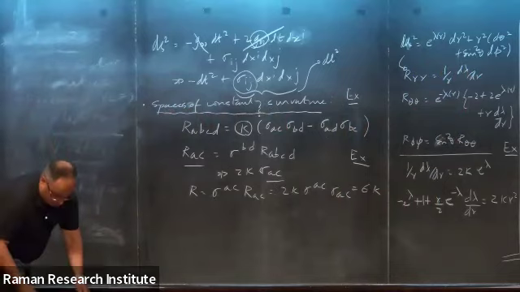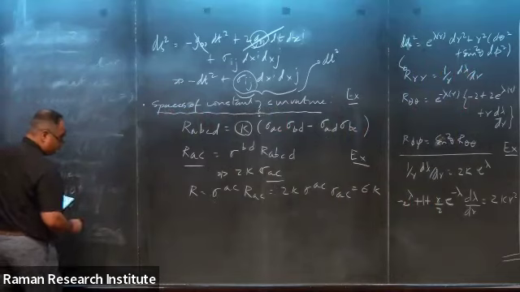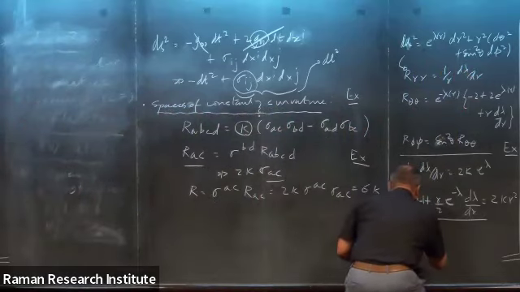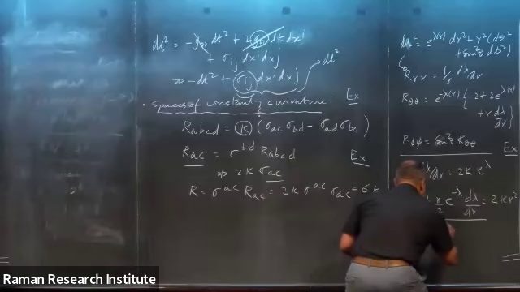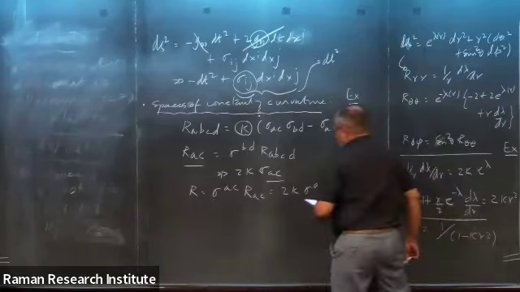So what do you have? You can integrate them to obtain that e power lambda is equal to 1 over 1 minus kappa r squared.